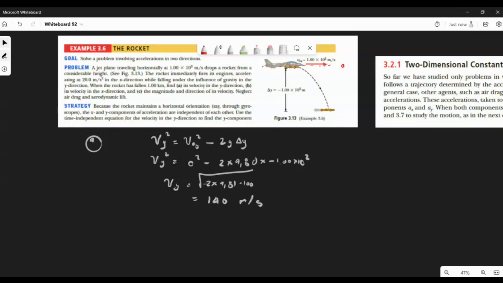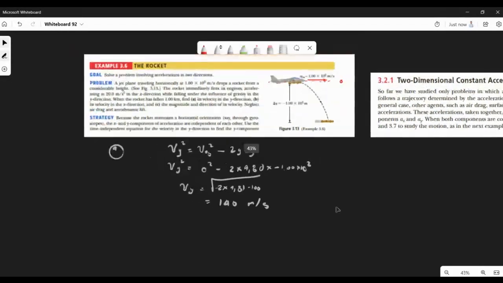So what is the direction? Direction west is negative. How is the rocket traveling? Very good question. Yeah, west is negative. But why is it traveling west? How do you know what tells you it is traveling west?